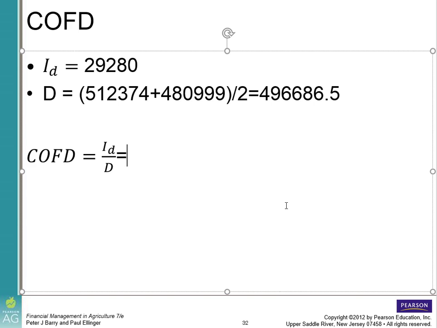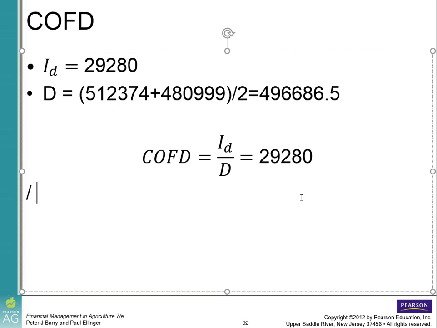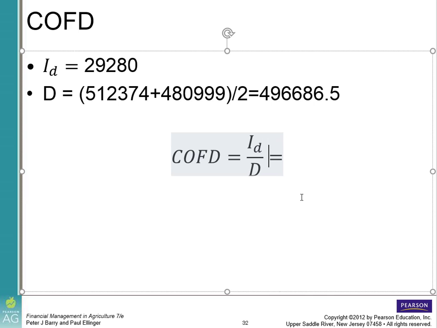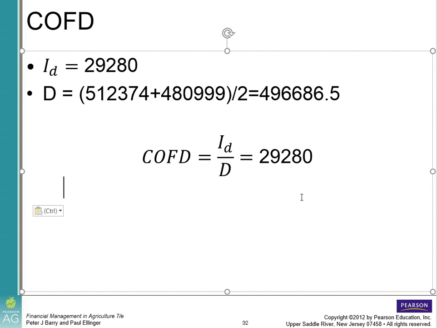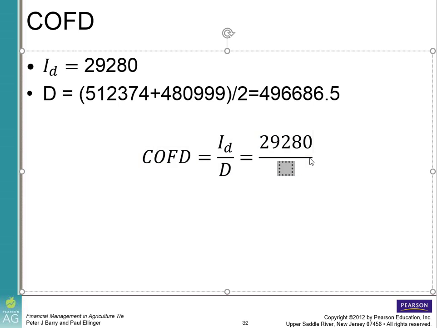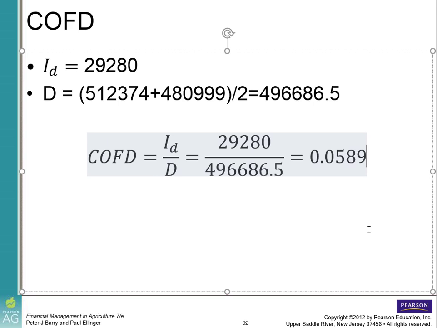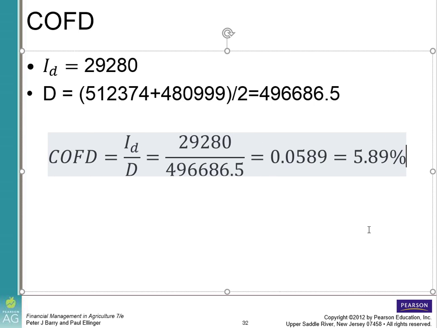Simply go ahead and plug it into the formula. 29,280 over 496,686.5, and then this simply equals 0.059 or 5.89%.